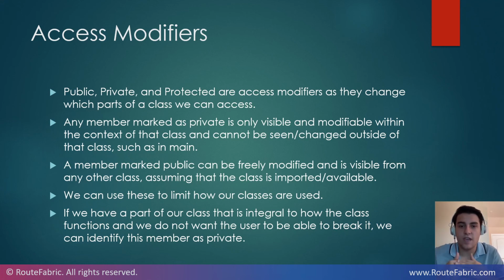We want it to be private so the user can't access it, because we want the allocation to be done by our class itself. We don't want the user to mess with it, because if they do, maybe they can break the data structure or we can lose a lot of data, and that would be really bad. So in this case, we'd want to make sure to specify that those parts of our class are private so the user can't mess with them.